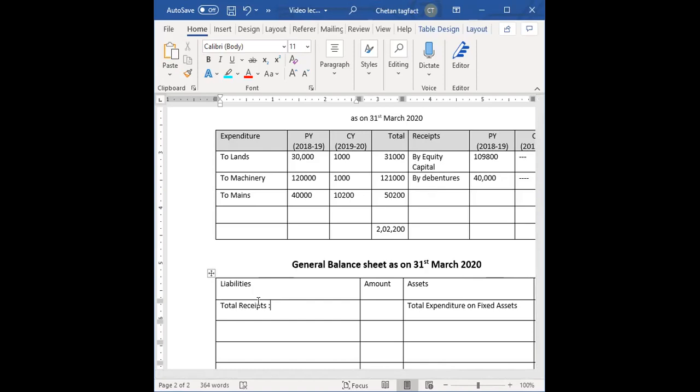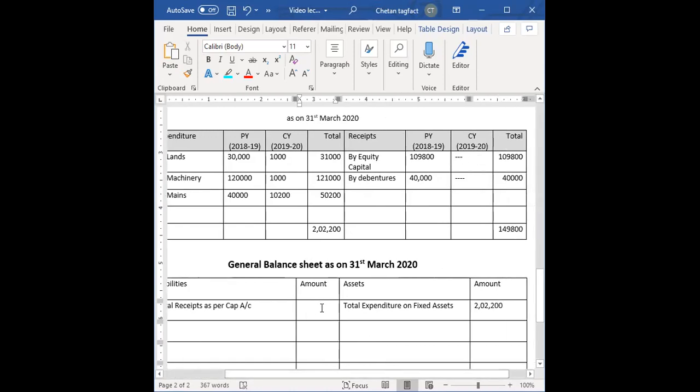So as per capital accounts, how much do we have? We have 1,49,800.